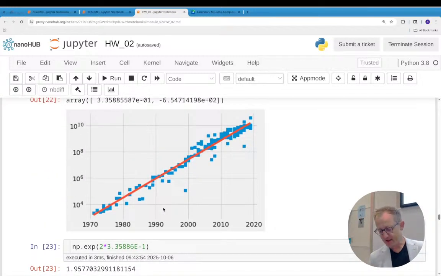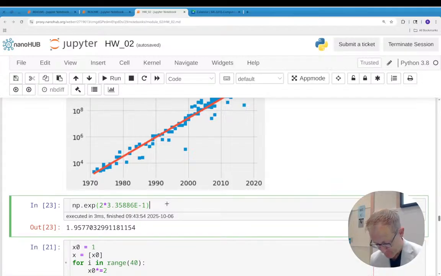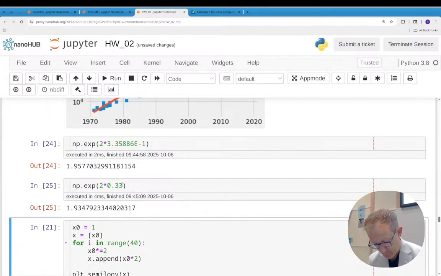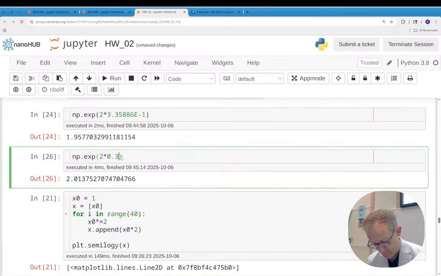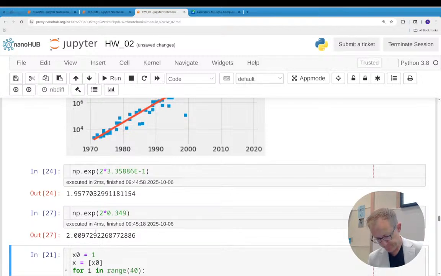We're also on a log scale, so you can see roughly how sensitive it is, like 3.4 versus 3.35.